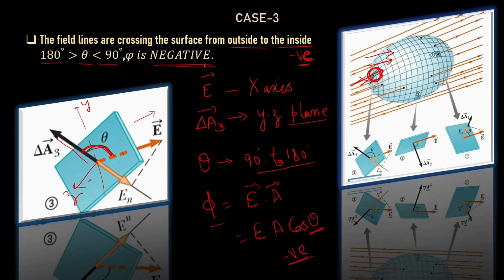This is an important key point. In this situation, the field lines are crossing from outside to inside. In area element 1, the field lines are passing from inside to outside, that is to be kept in mind. And for the second area element, they are just grazing the surface. So these are the different situations we have to deal with.